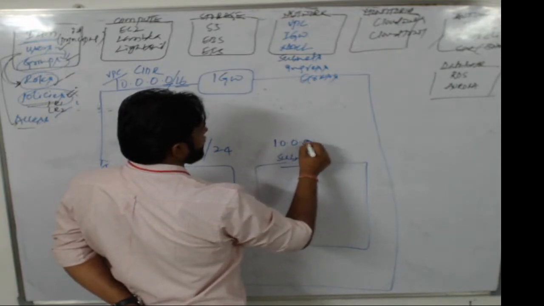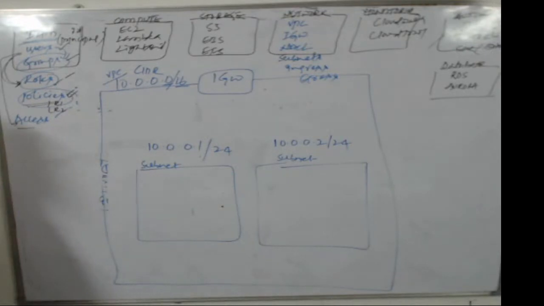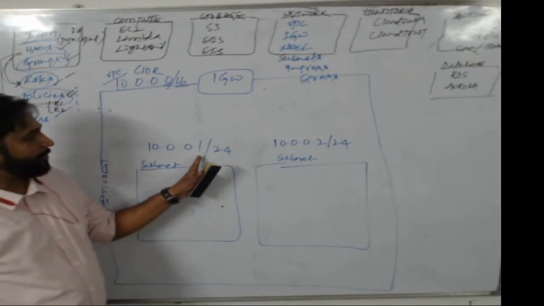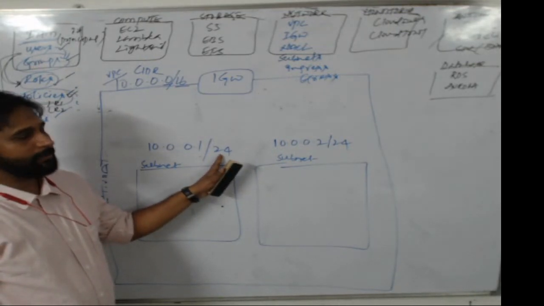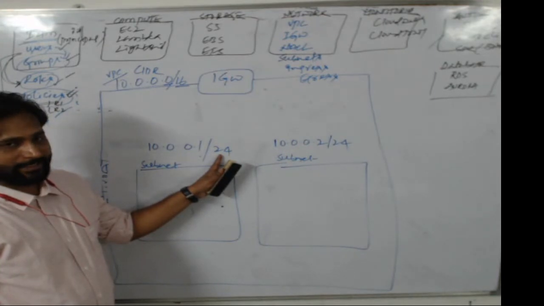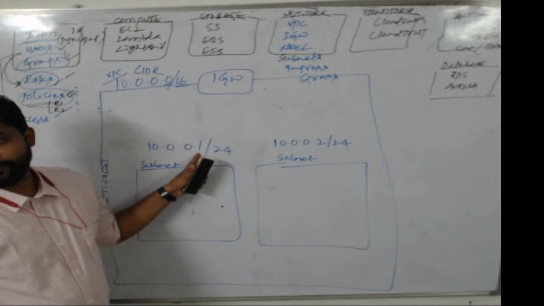So what I am doing here is 10.0.0.1/24. I'll change this number to 24. This usually gives me about 256 IPs. All right, you can check it in the tool. A /24 CIDR block gives 256. Because the first one and the last one are used up, you will have about 254 IPs left.